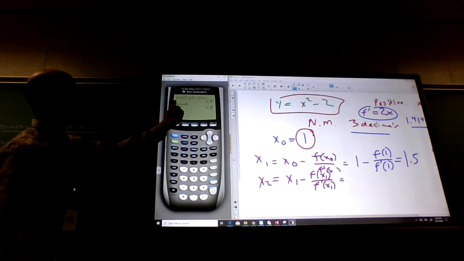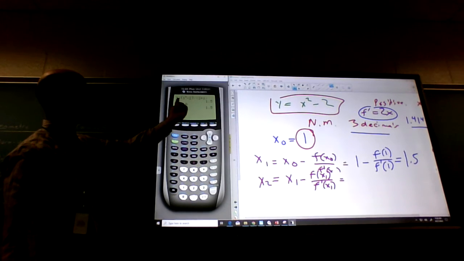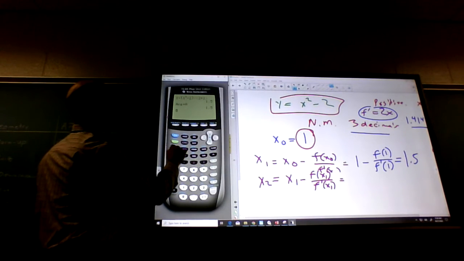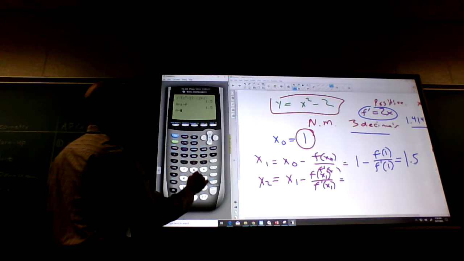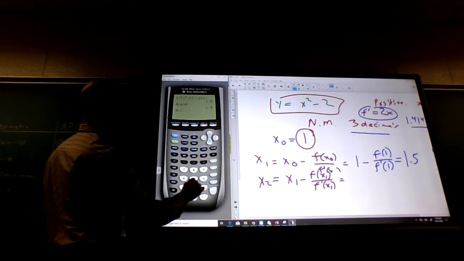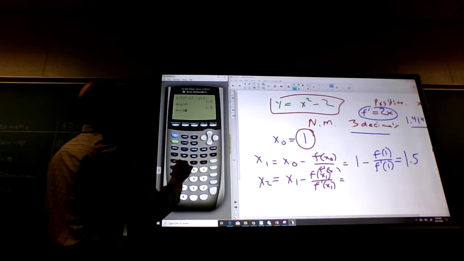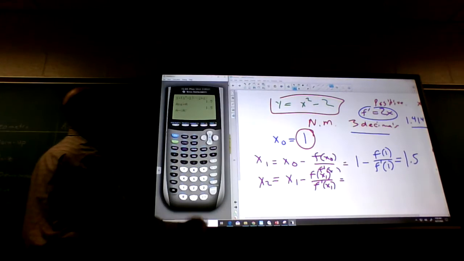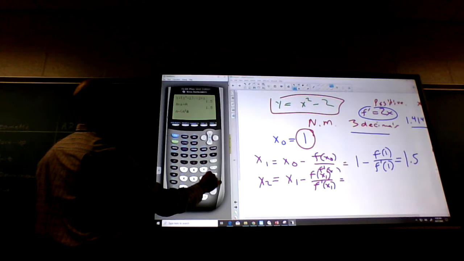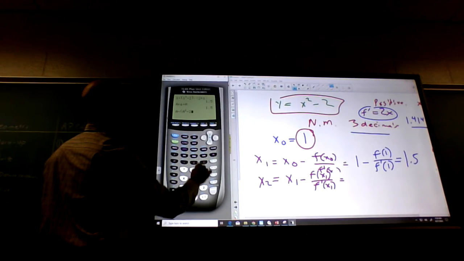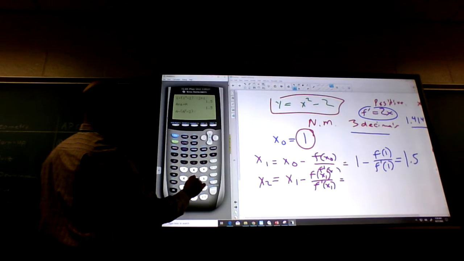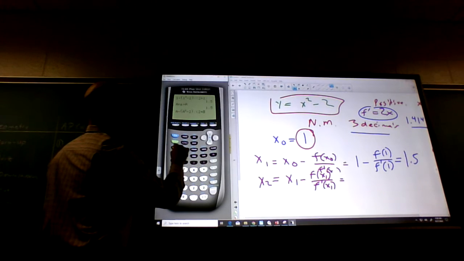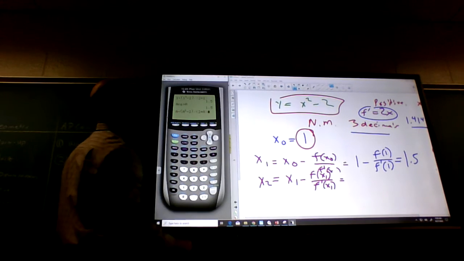Now what I'm going to do is I'm going to reuse this formula, but instead of where the ones were, I'm going to put A. So I'm going to do alpha A minus parenthesis alpha A squared minus 2 divided by parenthesis 2 times alpha A. Now I know that might seem like that wasn't much help.